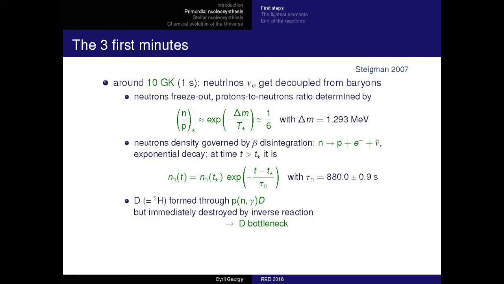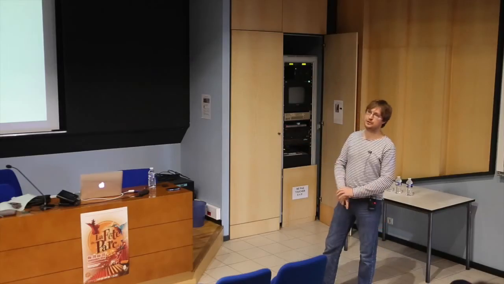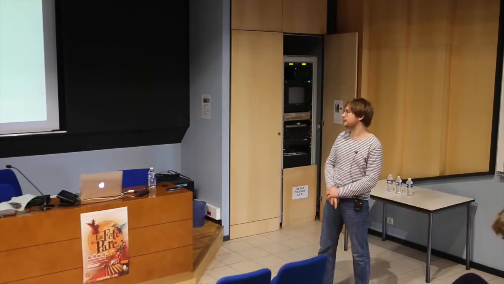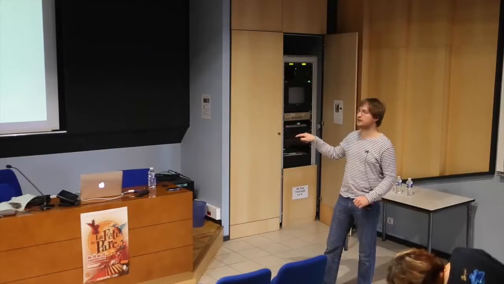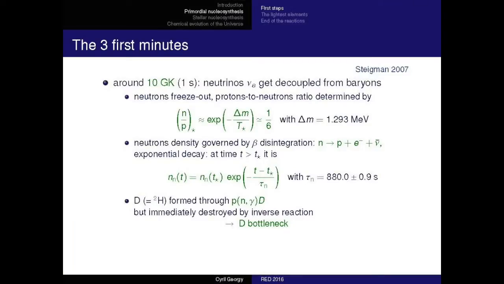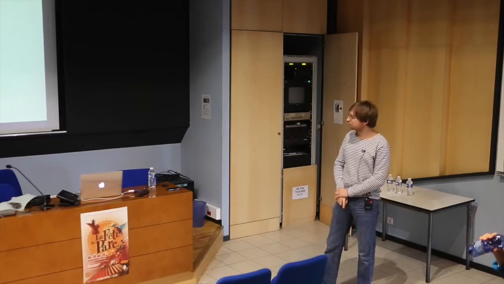So you have a kind of equilibrium before that, but at some moment the temperature will go down sufficiently and the photons are not energetic enough anymore to break the deuterium. Since that time, the neutrons can be trapped in this deuterium, and this will save them from the disintegration they undergo when they are single.